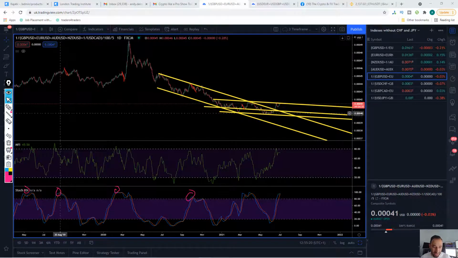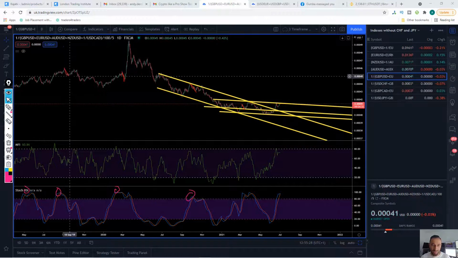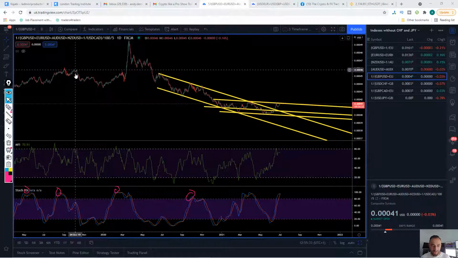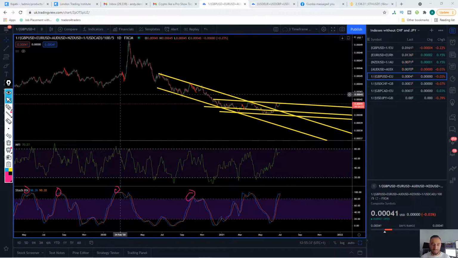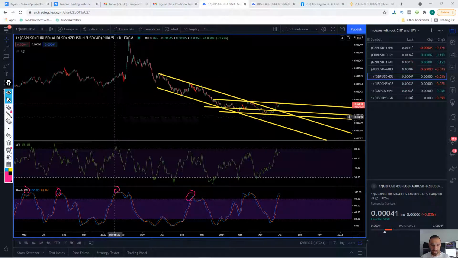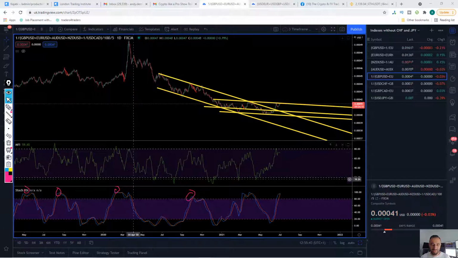I've had a little look, and I've noticed that the market on this go here dropped from here to here. It's not a major move, and then once we created this double top, the market went much lower. And here again, at the first point the market dropped, but it didn't properly drop.